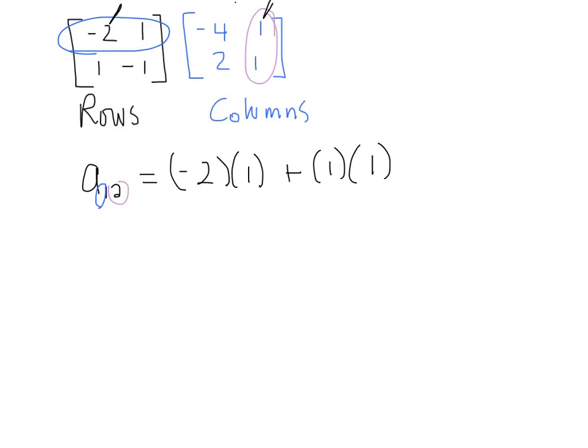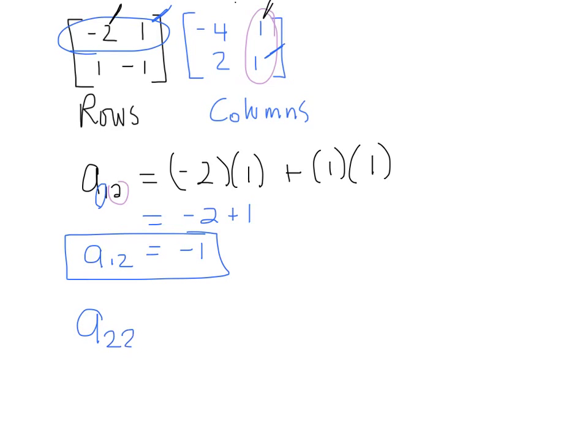Then I was going to take the second numbers, this 1 times this 1. Alright, now I can evaluate that. I get -2 plus 1, -1. A12 is -1.